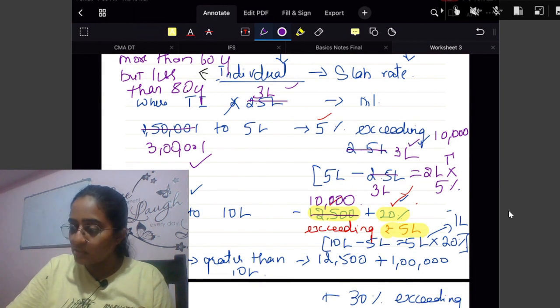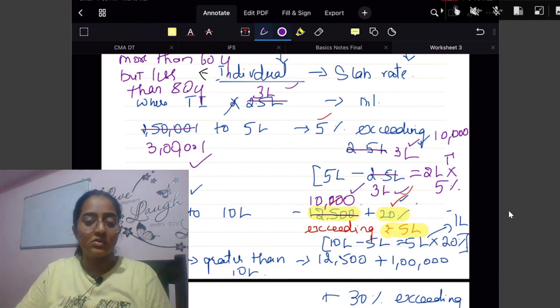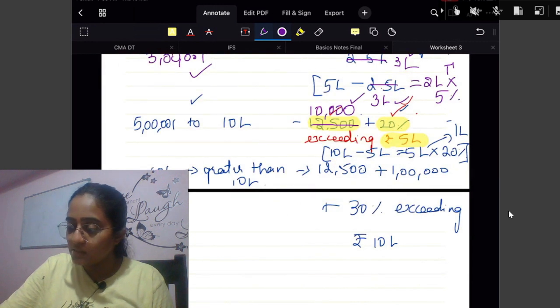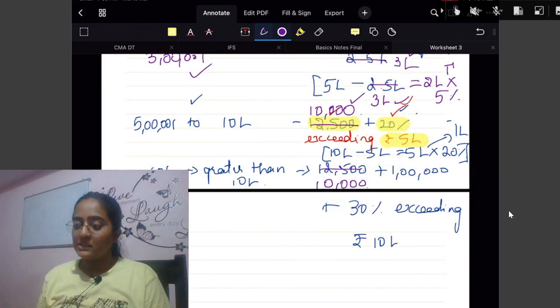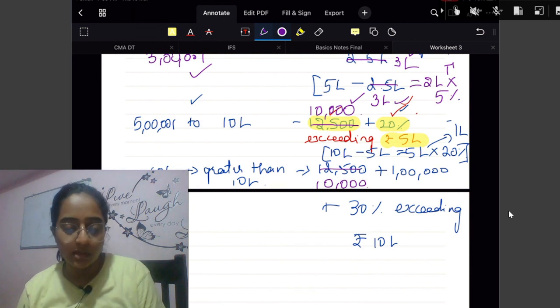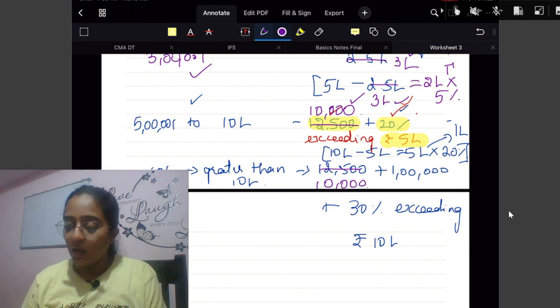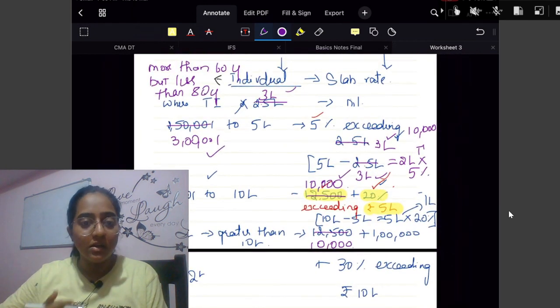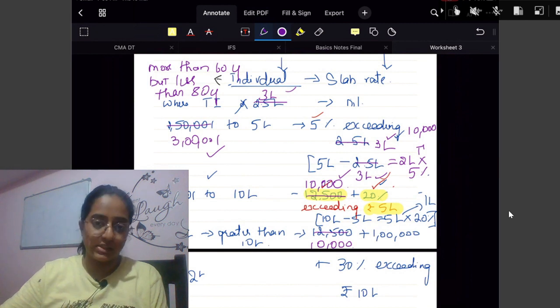The fourth change happened with respect to this calculation. The fifth change happened with respect to this one. The sixth change is happening here, that is 10,000. Now, this is for individuals who are greater than 60.